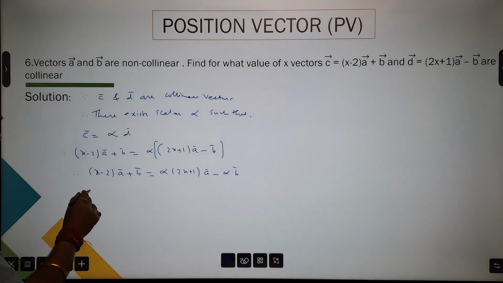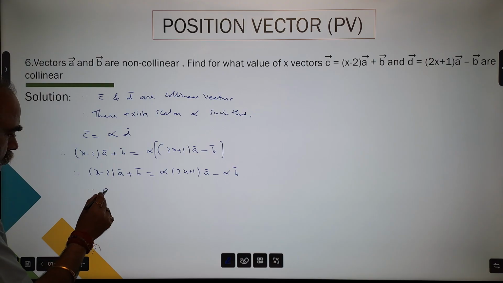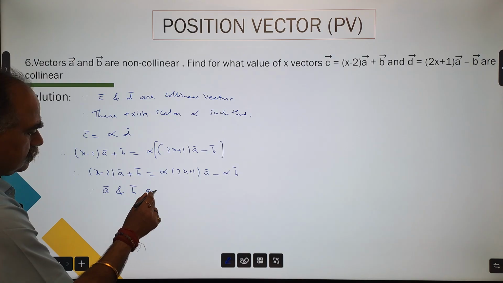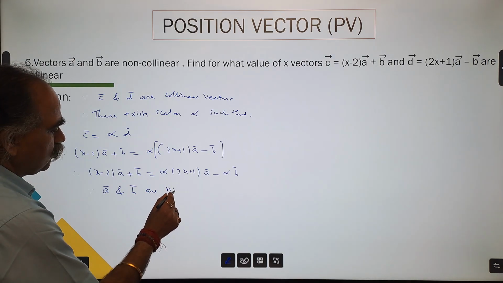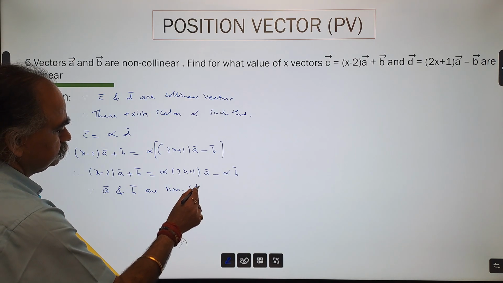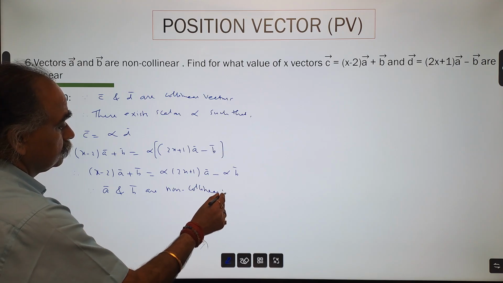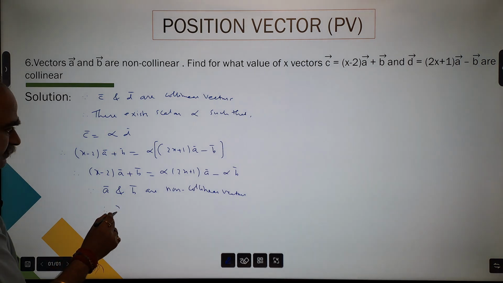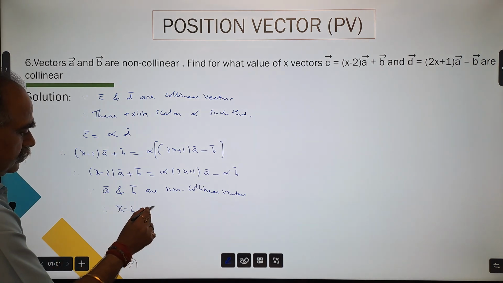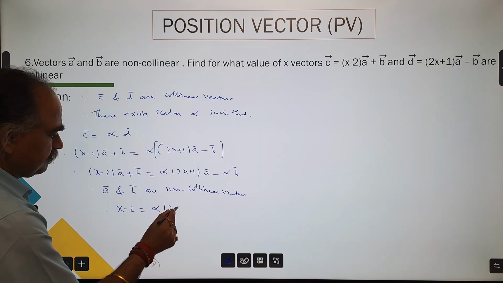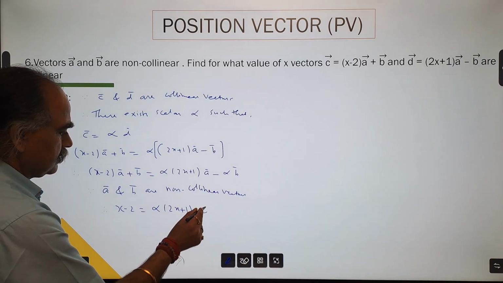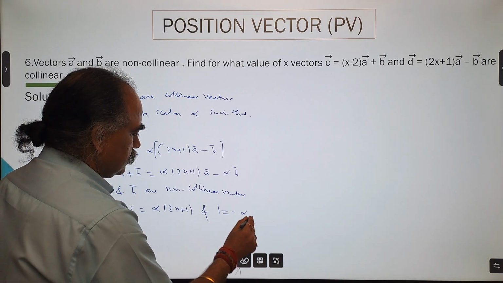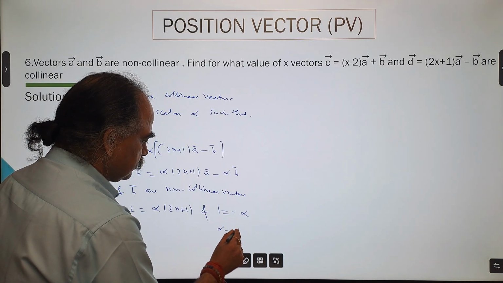Since a bar and b bar are non-collinear vectors, therefore x minus 2 is alpha times 2x plus 1 and 1 is equal to minus alpha, so alpha is what?